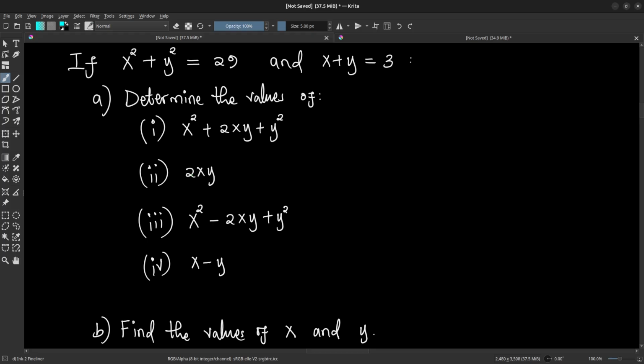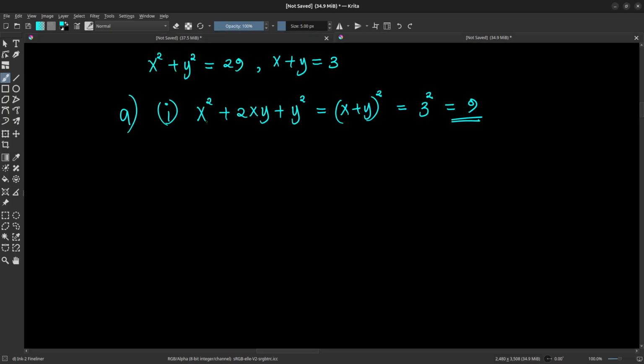The second part, we are told to find the value of 2xy. Now, from this first part, we had x squared plus 2xy plus y squared, and we said that was equal to 9.